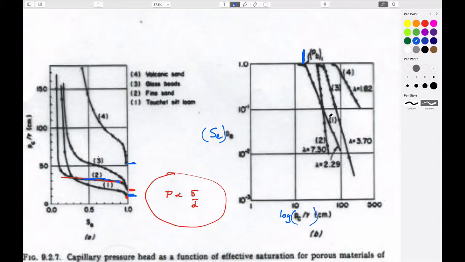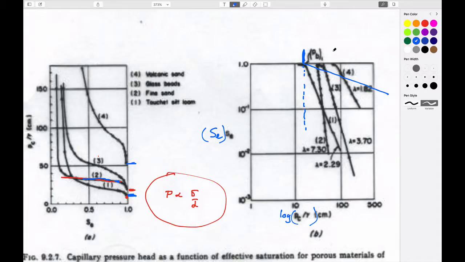And the slope of these individual curves says something about the distribution of the pore space. If it were exactly a vertical curve, that would say that every single pore space was exactly the same throughout the sample. So this would be a uniformly graded sample. All the pore space is the same. And one that went across here would be a broadly graded sample.